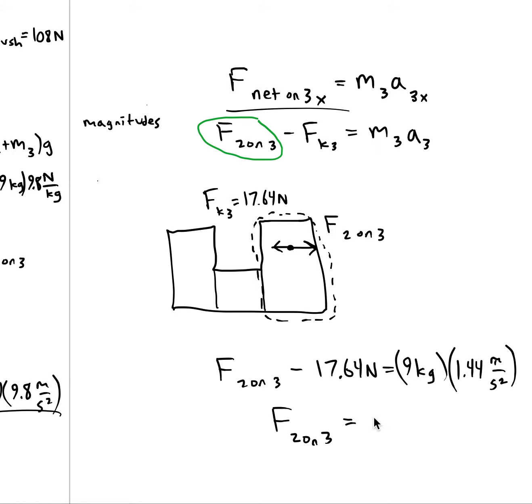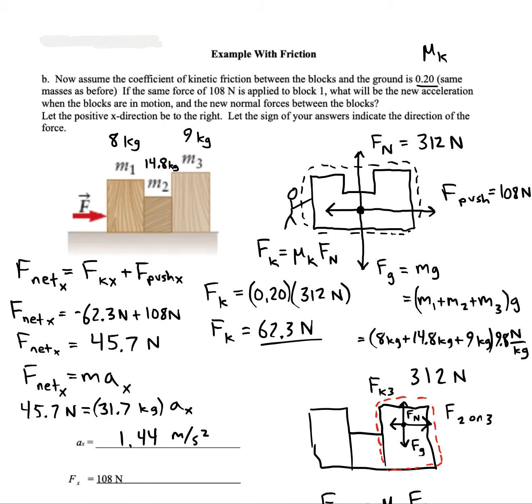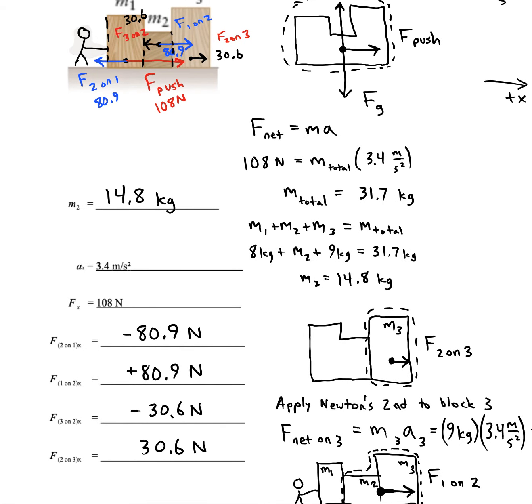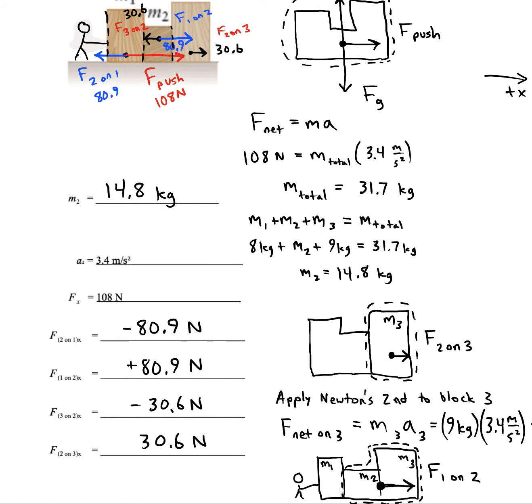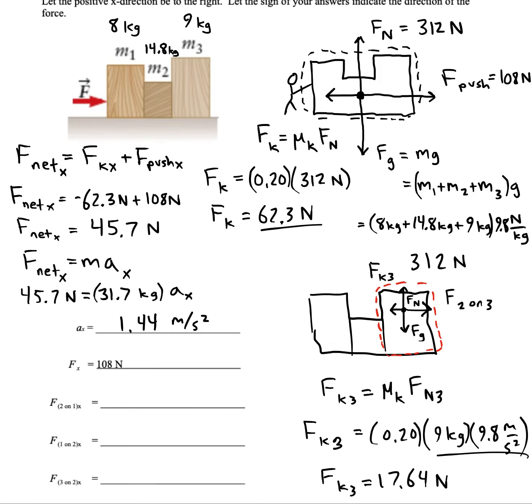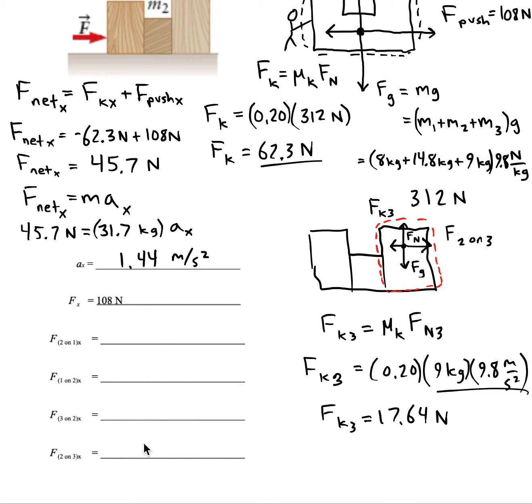All right, I'm getting 30.6 newtons. Interestingly, same as it was before. And so by Newton's third law, the force of 3 on 2, the reaction force, will also be 30.6 newtons.